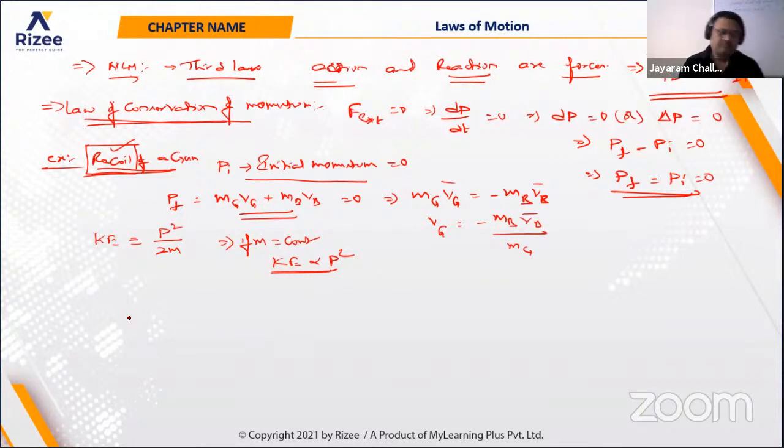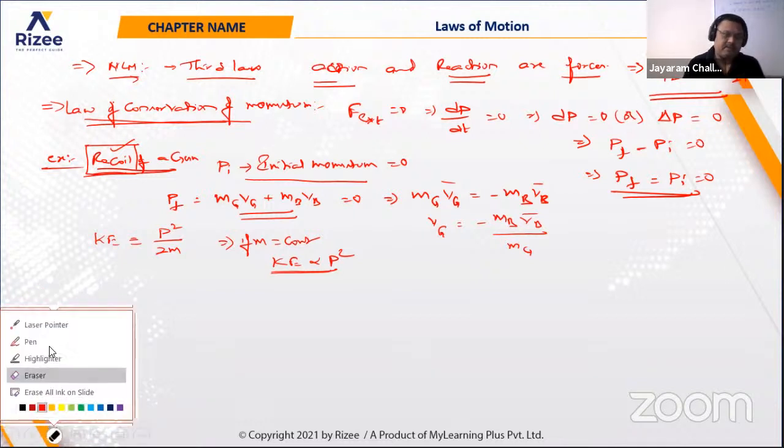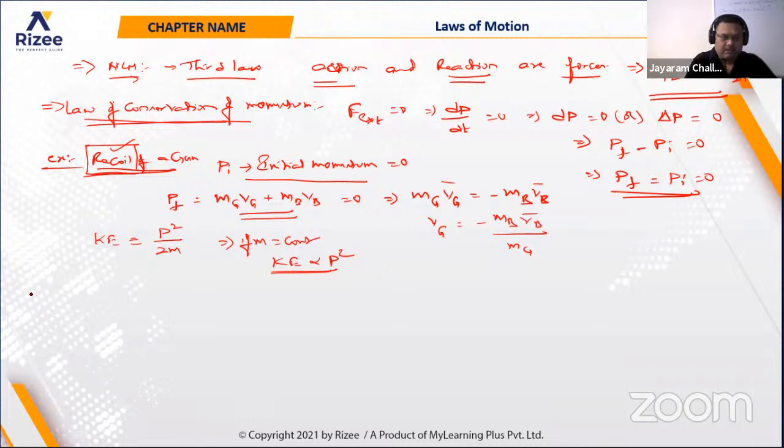Okay. Another example of this is explosions. Suppose a bomb is at rest. You can consider different types of examples here. For example, if a bomb is in the rest position, I'm just taking it as an explosion.